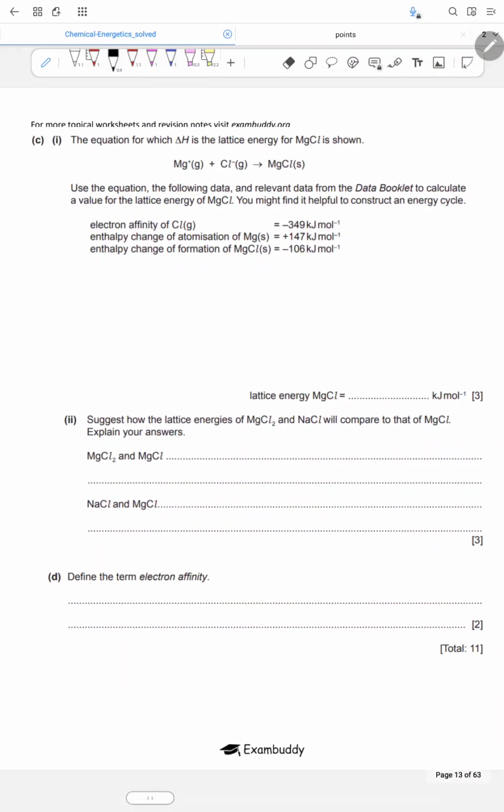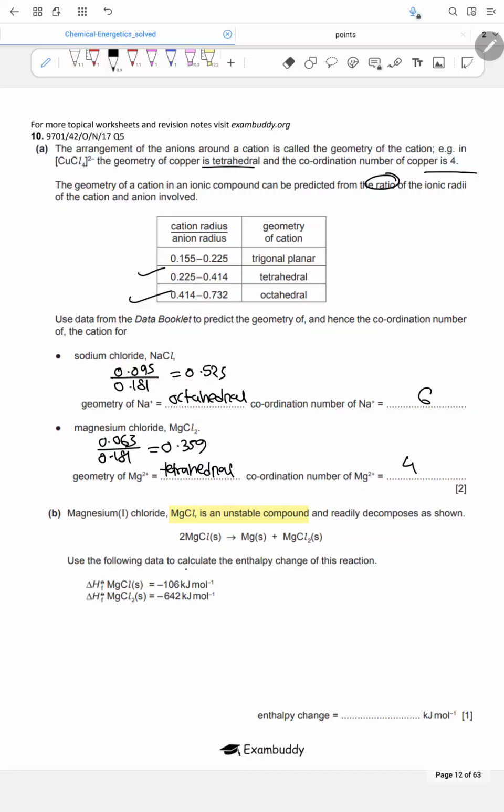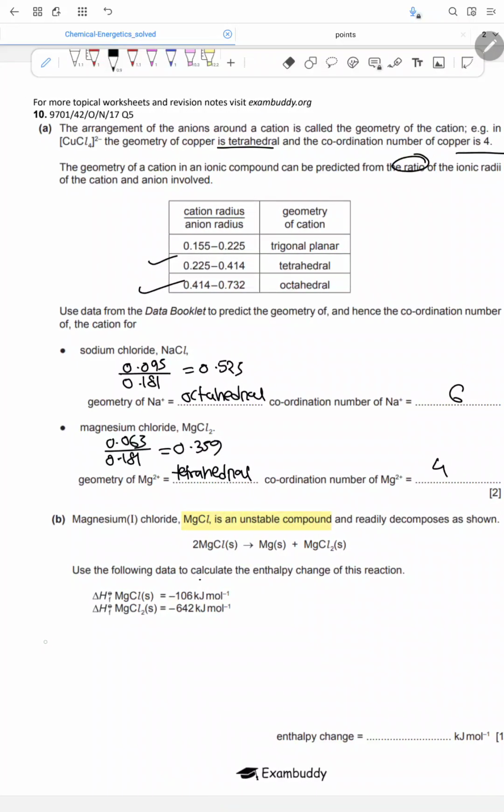So let's start by drawing a Hess cycle. We have 2 magnesium chloride solid forming magnesium solid and magnesium chloride solid.